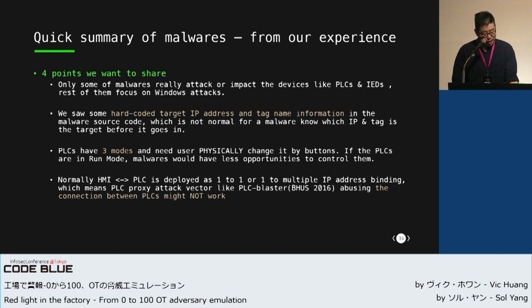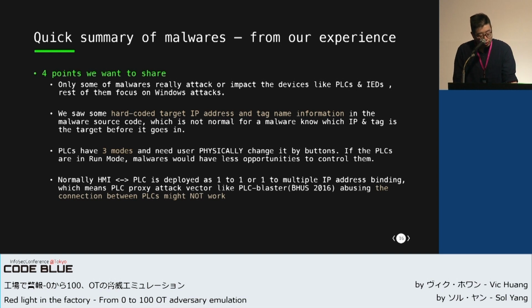But some of them need the user to physically change the mode with buttons. So if the PLC is well configured in the run mode, this malware would have fewer operations to control it by, for example, trying to download a malicious program onto the PLC.